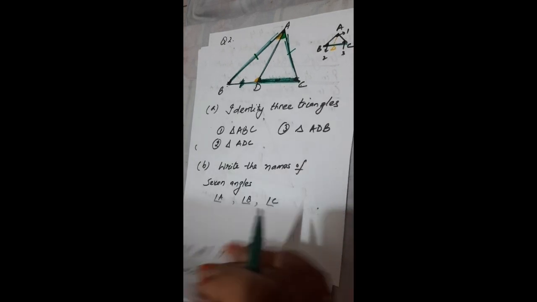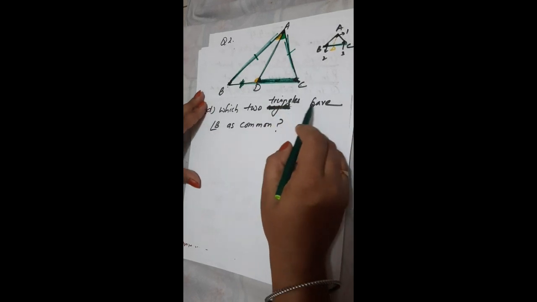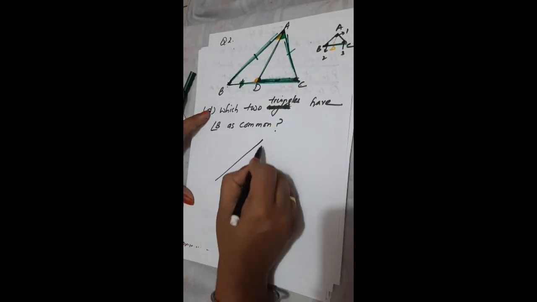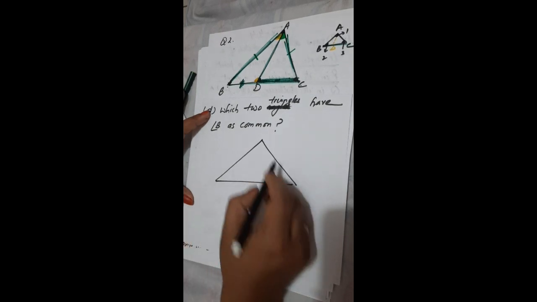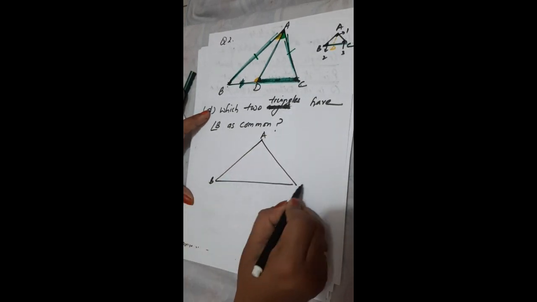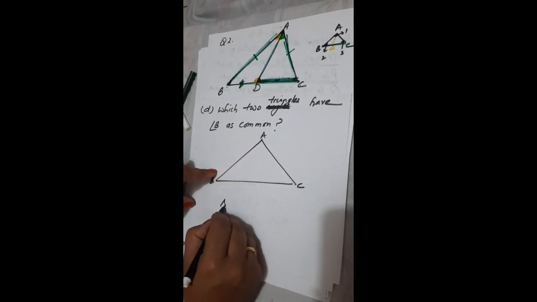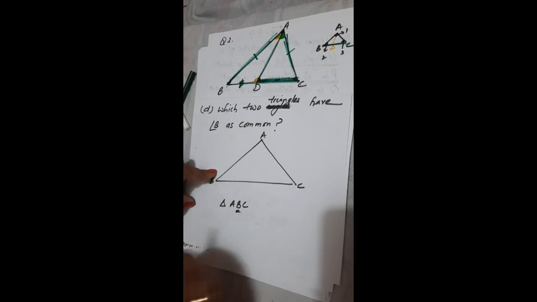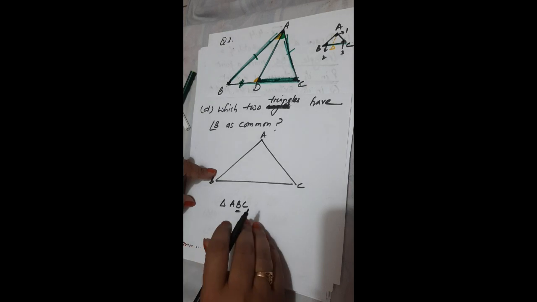Now next I have, which 2 triangles have B as common? First is ABC, means the first triangle is triangle ABC, in which angle B can be considered.